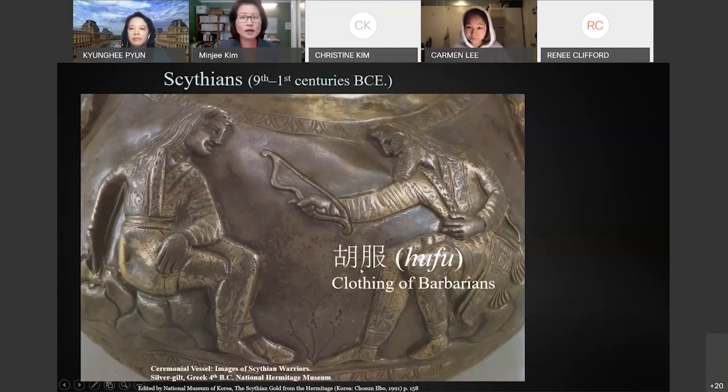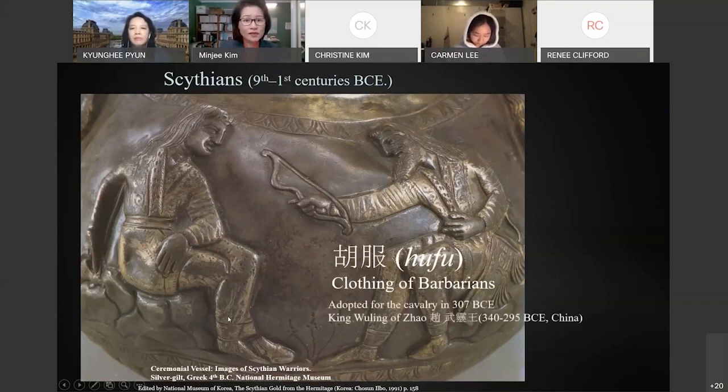Actually, because of this practicality, in 307 BCE, China's King Wuling of Zhao adopted this style for his military people's clothing for battle with nomadic tribes. So at that early time, the clothing style was already intermingled in East Asia and across Asia.